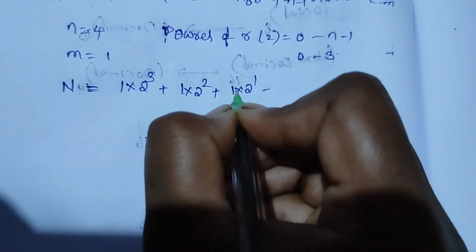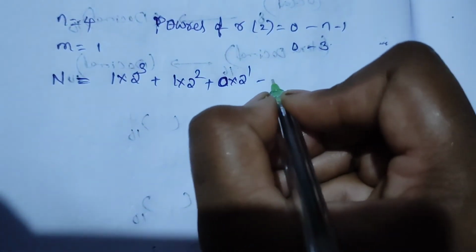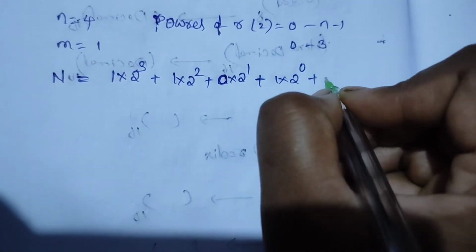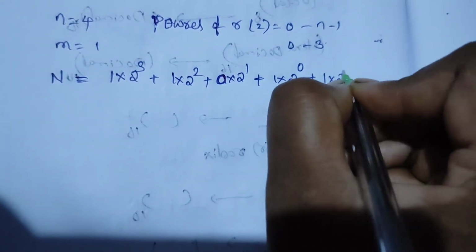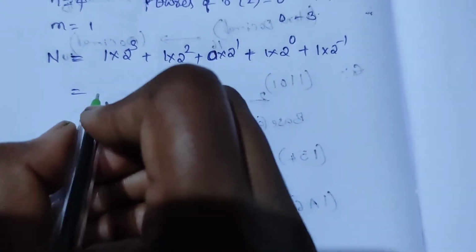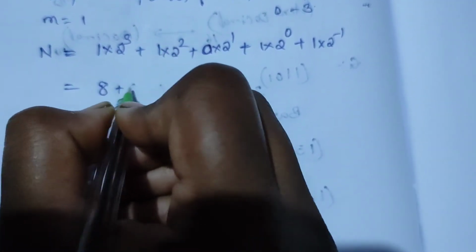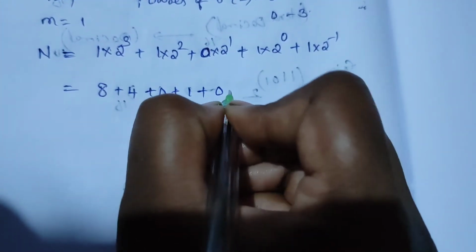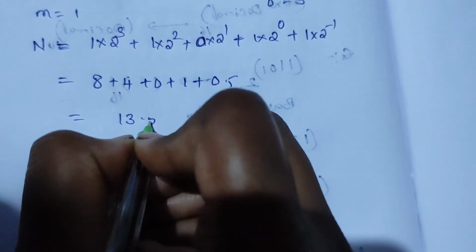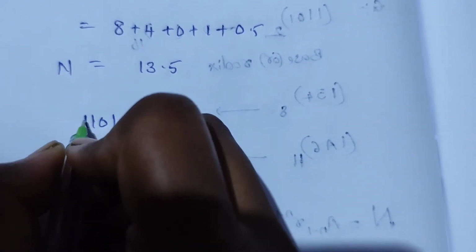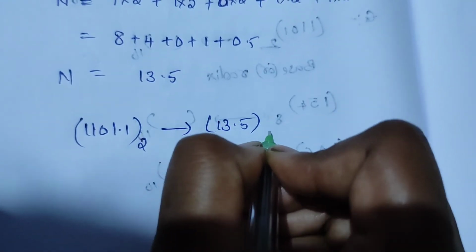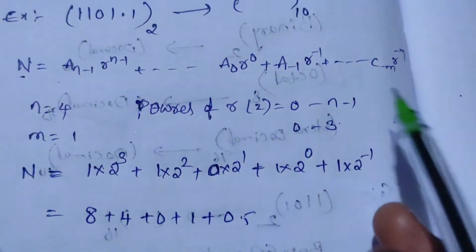Substituting in the formula of any radix to decimal conversion, 8 plus 4 plus 0 plus 1 plus 0.5. Adding all those, we get 13.5. This is the decimal equivalent of 1101.1. In this way, we have converted a binary to decimal using the formula.